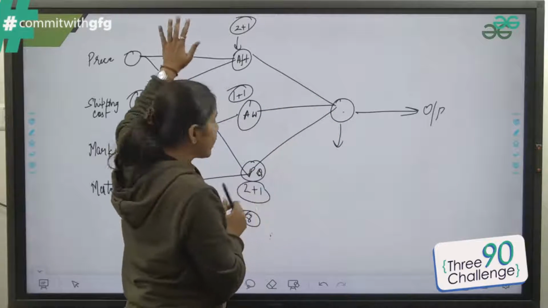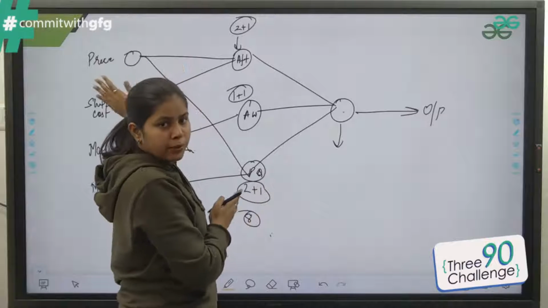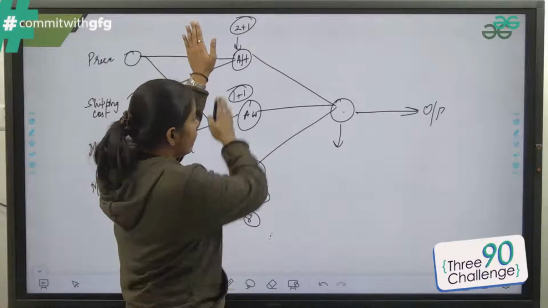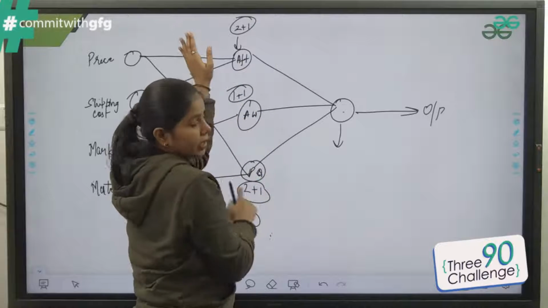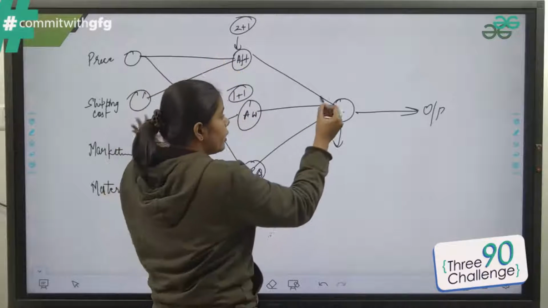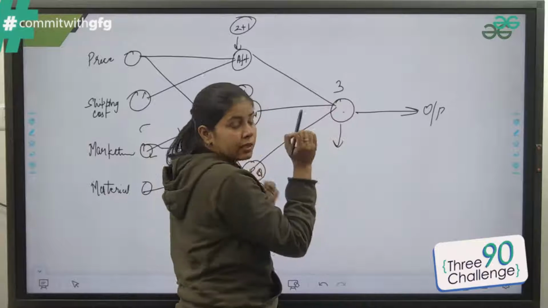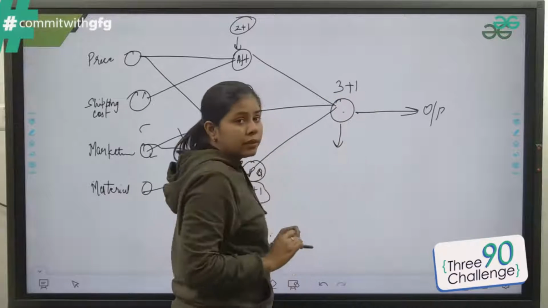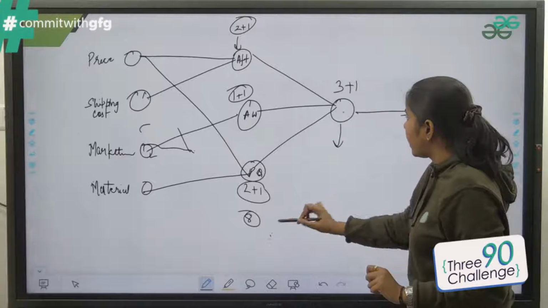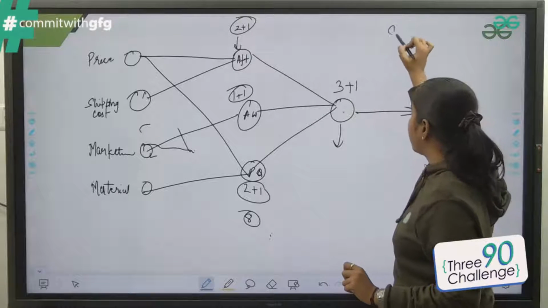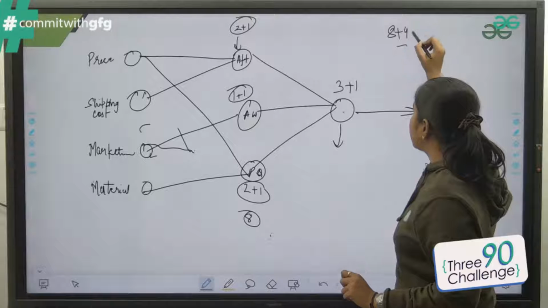Now let's forget about the previous layer and only look at this data. For this neuron, I have 3 features: affordability, awareness, and perceived quality. For these 3 features I have 3 weights, and one bias. So in total, we have 8 here and 4 here. 8 plus 4 means 12.